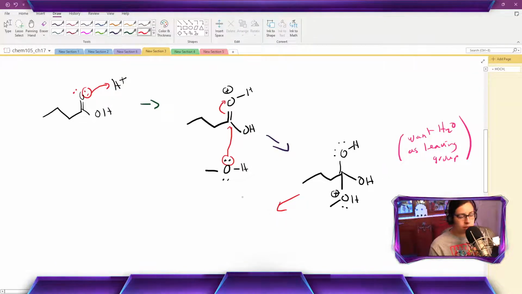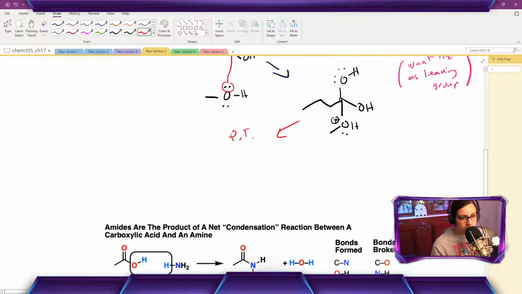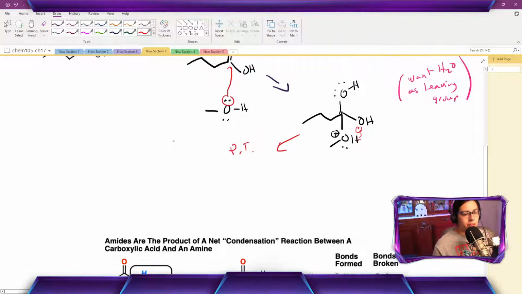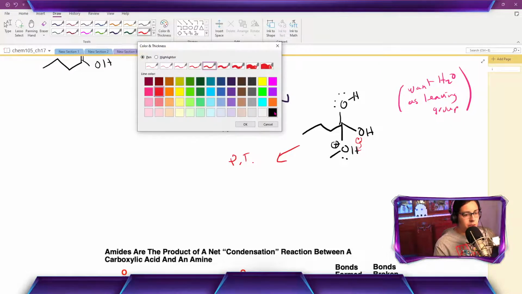There are different ways, and honestly, I've seen professors get annoyed with proton transfer mechanisms. So you might want to say deprotonated, protonated. It kind of depends on your professor, actually. I'm okay with proton transfer. They're also kind of close, so it's good. And PT, again, stands for proton transfer.